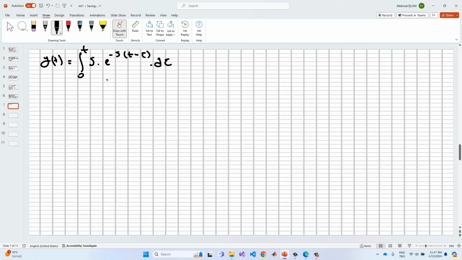Okay, and so this yields us 5 as the constant term, and the t is also independent from the tau value in here, and so e^(-5t) times the integral from 0 to t of e^(5 tau) d tau.